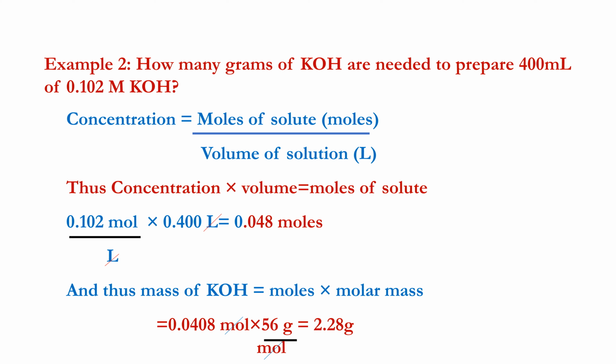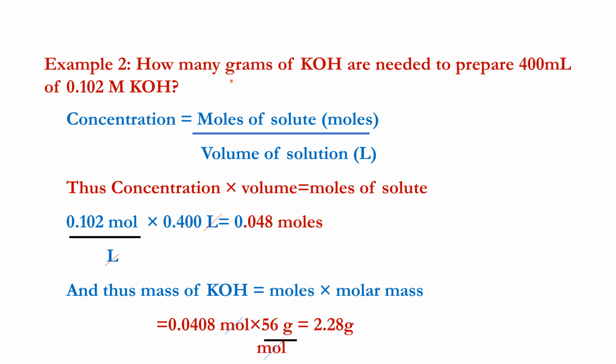How many grams of KOH are needed to prepare 400 ml of 0.102 mole KOH? To solve this problem, we start by writing the concentration formula, which is equal to moles of solute divided by volume of solution. If we do cross multiplication here, we get that moles of solute is equal to volume multiplied by concentration. Then we put in the values we are given.